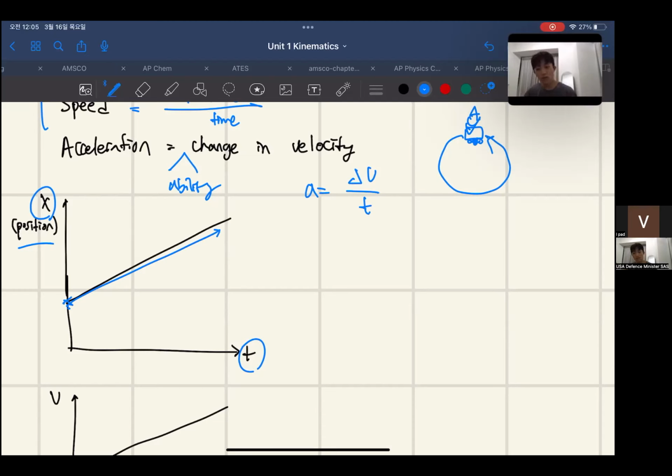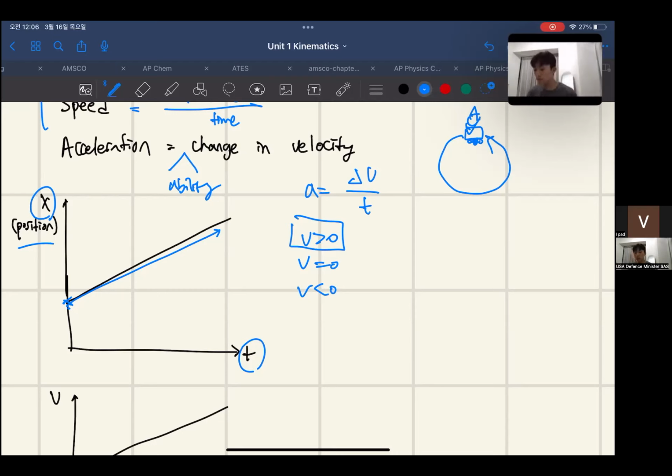Would the velocity be positive, zero, or negative? As you can see, the object is moving in a positive direction, which tells us that the velocity should be positive. If the velocity was negative, it would be moving in the opposite direction, so the graph would go downward, not upwards.